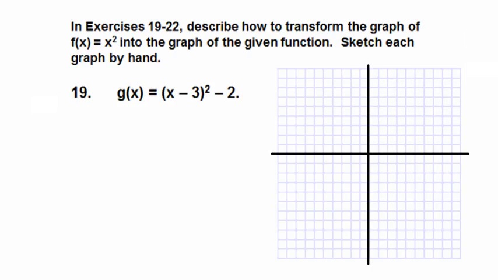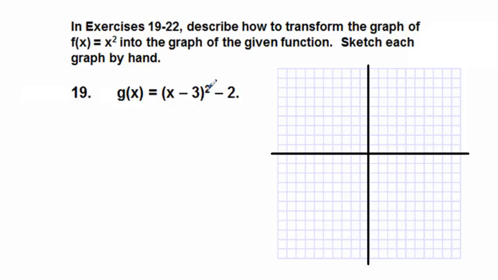Okay, exercise 19 through 22: describe how to transform the graph of f of x equals x squared into the graph of the given function. Sketch each graph by hand. Well, this goes back to what we've talked about in section 6.1, the graph of transformations. Which way does this shift or translate?